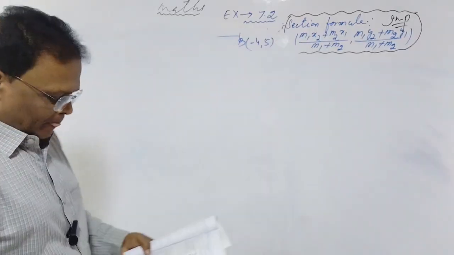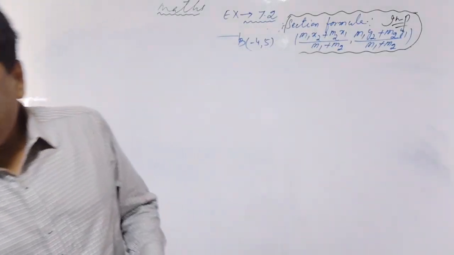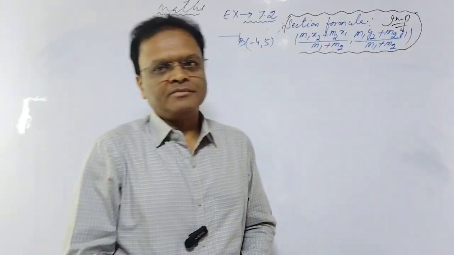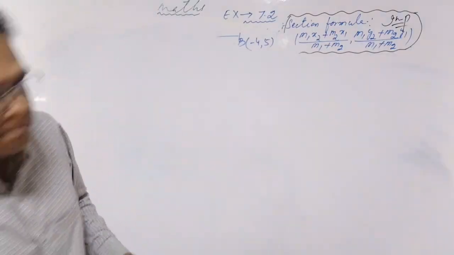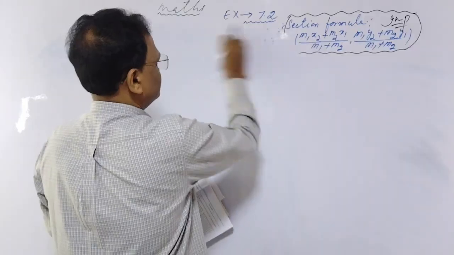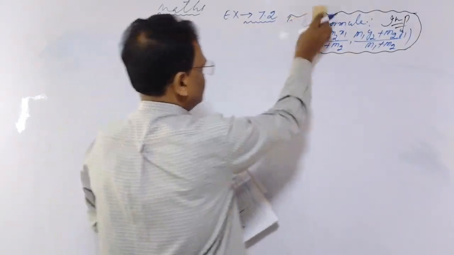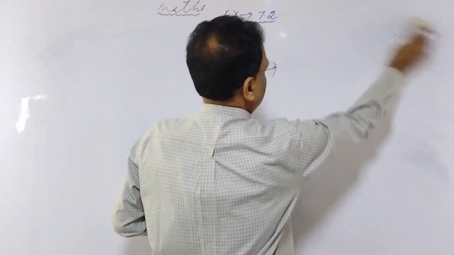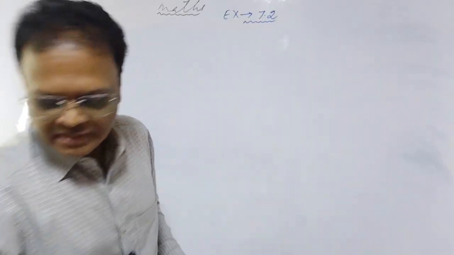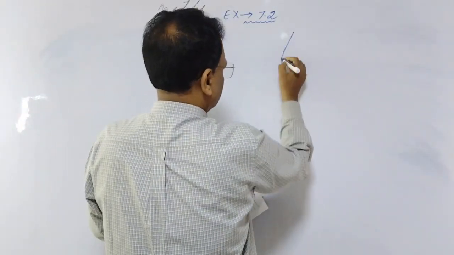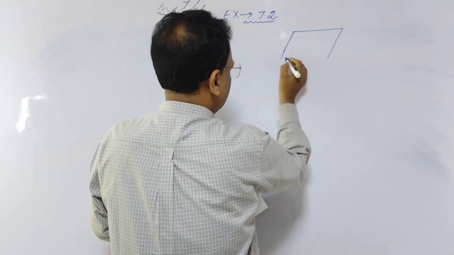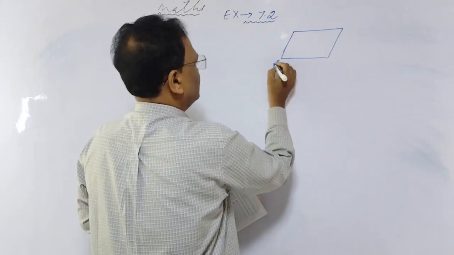Question number 6 is asking, if some vertices are given, vertices of a parallelogram are given. So let me draw one parallelogram whose vertices are given.